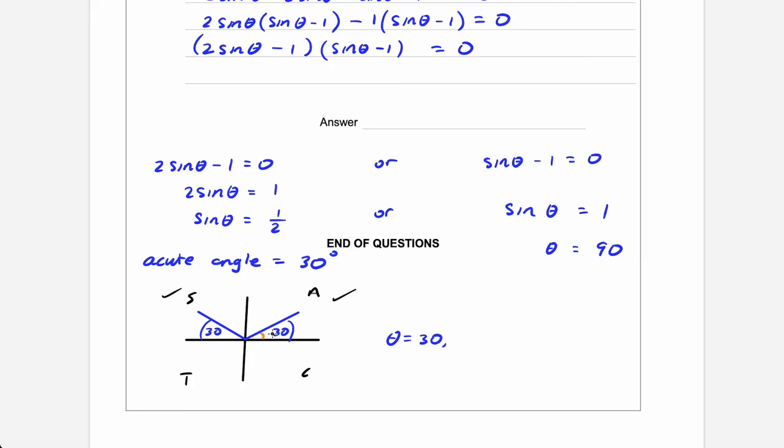So that's 30 in the all quadrant, and this one is 150. So that's 30 and 150 degrees. So my three solutions are 30 degrees, 90 degrees, which is this one here, and 150 degrees.